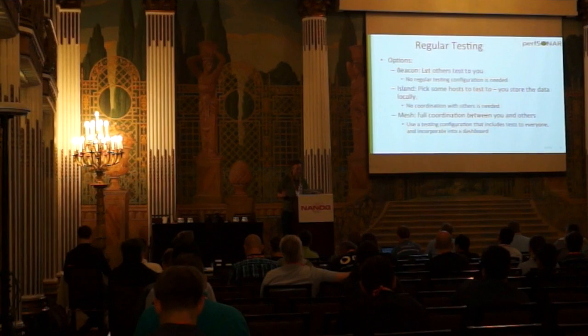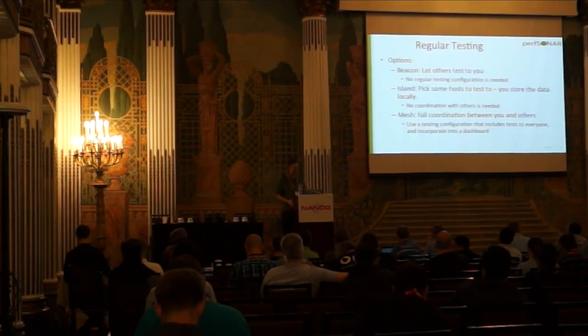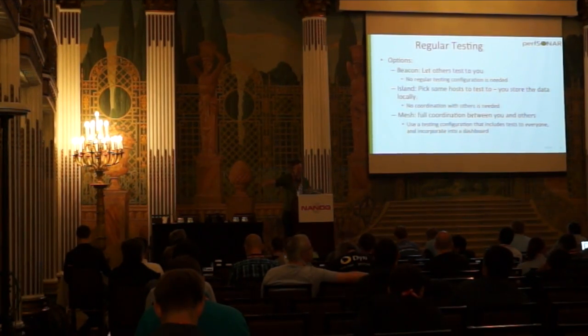In general, people set up their nodes in one of 3 ways. Either it's what we call a beacon node, where you just bring up a node and you let people test to you, or you let some subset of people test to you. You don't actively run any regular tests yourself. You're just there so other people can test to you. It's mostly useful for those other people more than for yourself, but it can be useful for troubleshooting exercises.